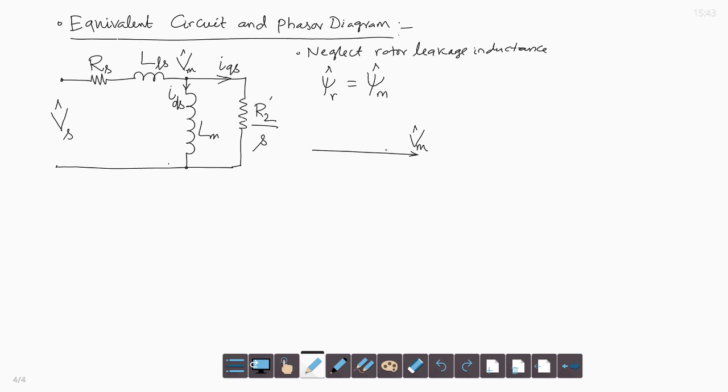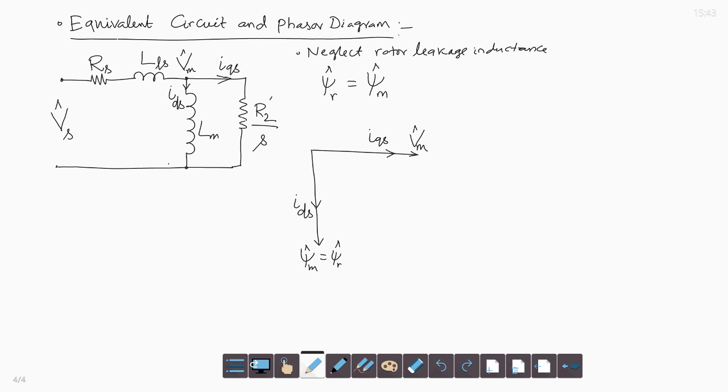Now, current IQS is in phase with Vm, because the rotor branch is purely resistive, and psi m, which is also the same as psi r, is 90 degree behind Vm, and IDS is the current that is also 90 degree behind Vm.